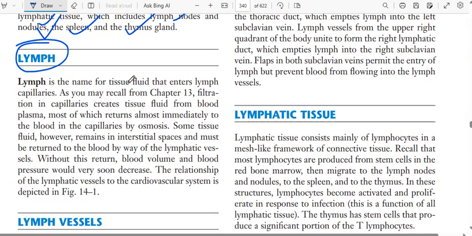Lymph is the name for tissue fluid. We know that the vascular system vessels, the arteries, are bringing blood to the tissue. From the vessels it enters the capillaries to reach all the cells.